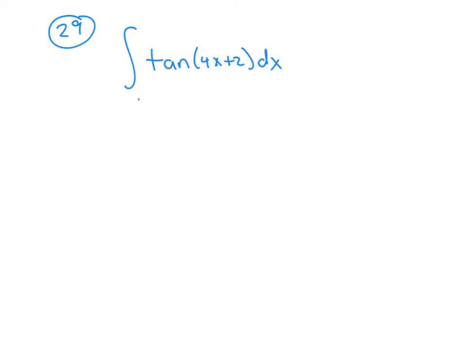So I'm going to write this as the integral of sine of 4x plus 2 divided by cosine of 4x plus 2. And this is going to be helpful because, remember, sine and cosine are derivatives of one another, plus a constant in there somewhere often.